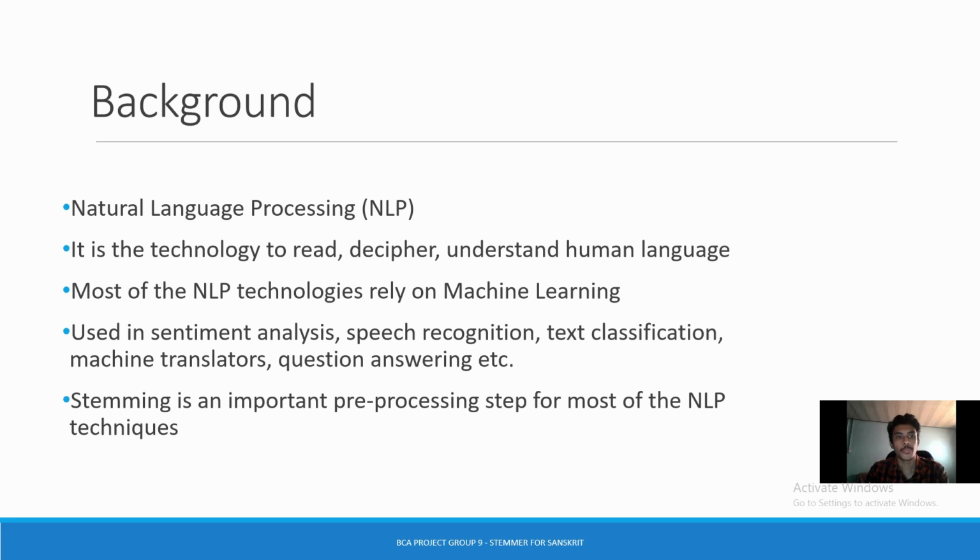Background. Natural language processing, shortened as NLP, is a technology used in computers to make computers understand humans' natural language. In this technology, the computer has to read, decipher and understand human language in a valuable manner.